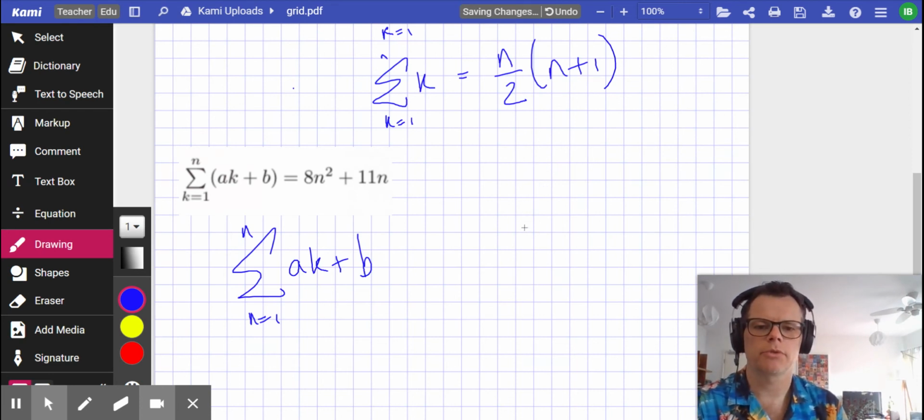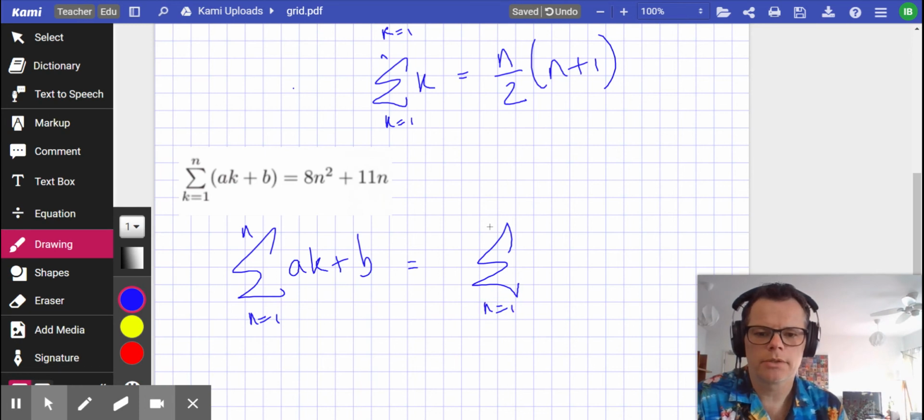So this sum can be written as the sum from k is 1 to n of ak, plus n lots of b, because b is just a number, so you get b every single time, n times.